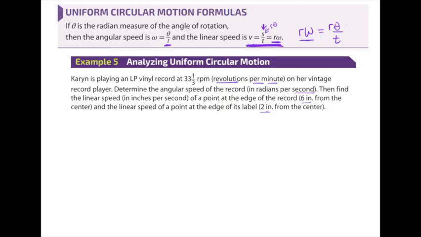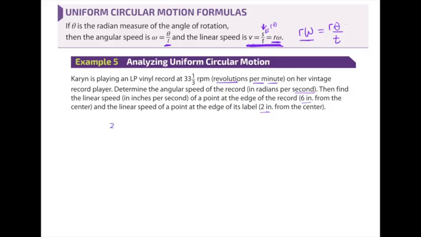So let's talk about revolutions. What does revolution mean? It goes in one complete circle, correct? It goes in one complete circle. They actually didn't give us angle measure at all. They gave us revolutions, okay? And so we have 33 1/3, and I will tell you, 33 1/3 is horrible because 1/3 is a repeating decimal, right? So what they did, which is a smart way to do this, is they multiplied by 3.